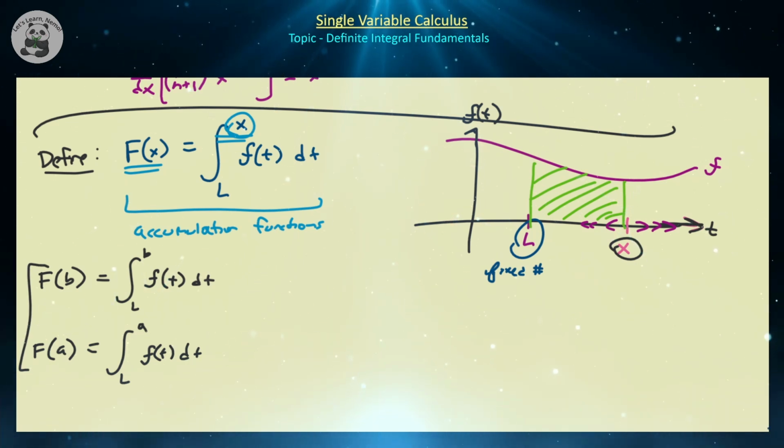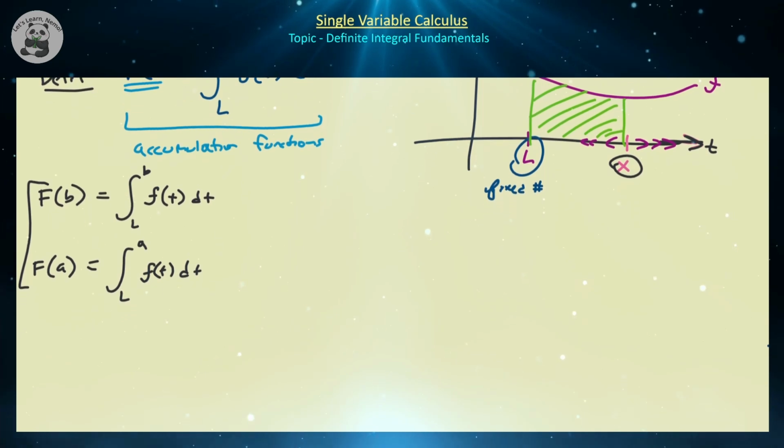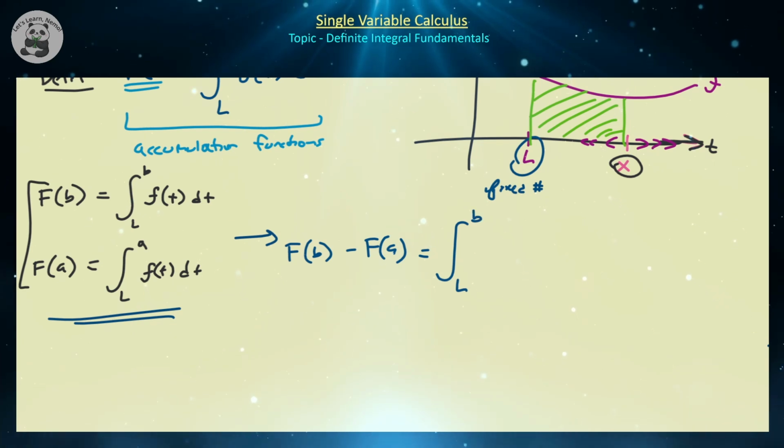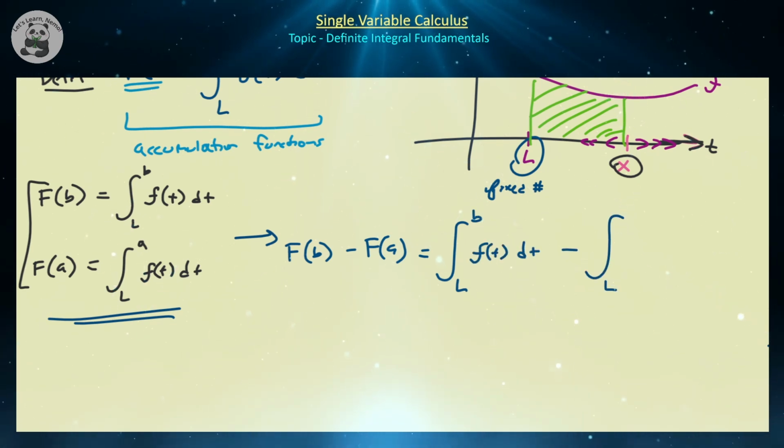From these two things, I'm going to subtract them, and we'll see why we want to do that in just a moment. So F of b minus F of a will be equal to the integral from L to b of f of t dt minus the integral from L to a of f of t dt.